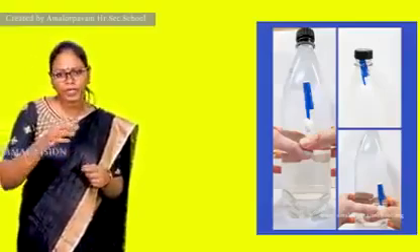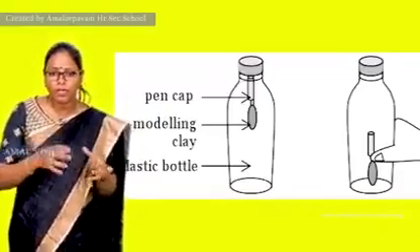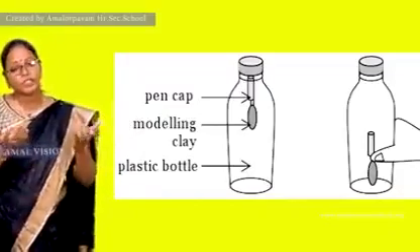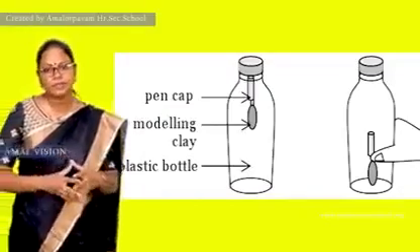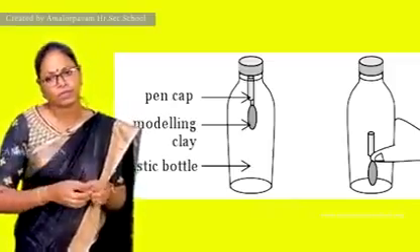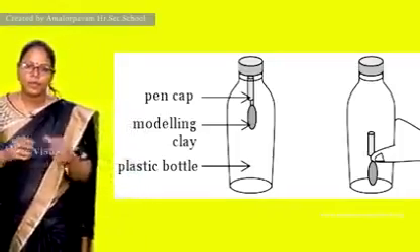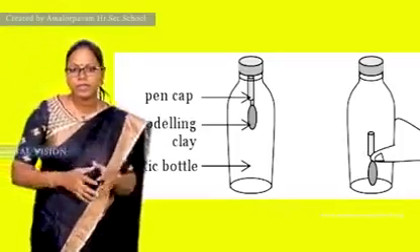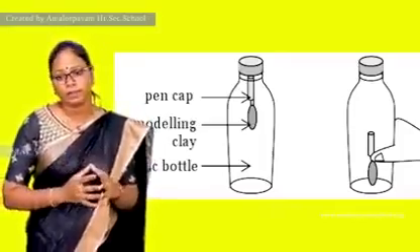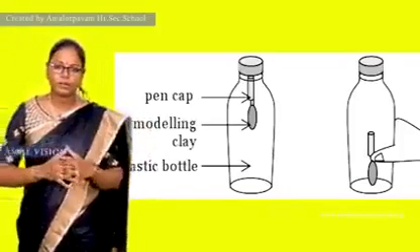If a pen cap with clay floats on the water, when the bottle is squeezed, the water exerts pressure in all directions and the cap becomes negatively buoyant, sinking to the bottom. When the bottle is released, the pen cap becomes neutrally buoyant again, rising to the middle of the bottle.